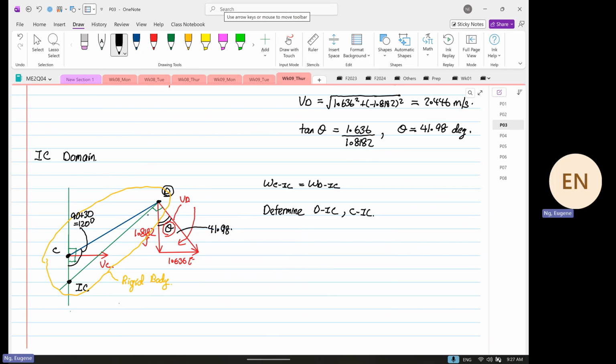So we know the angle over here is equal to 90 minus 41.98, which is equal to 48.02 degrees.